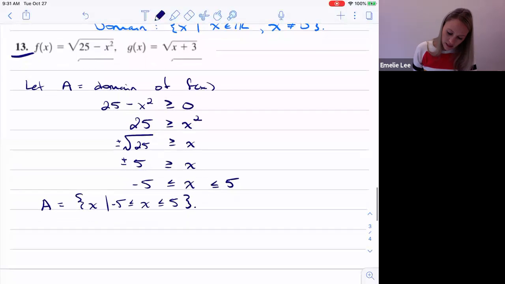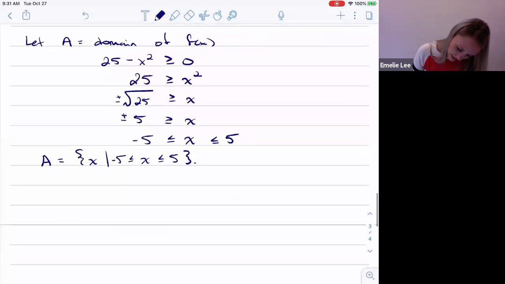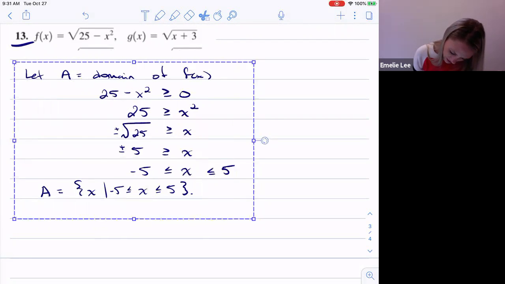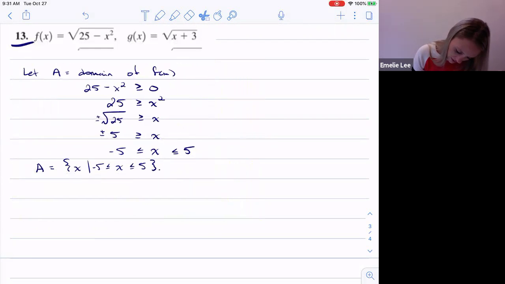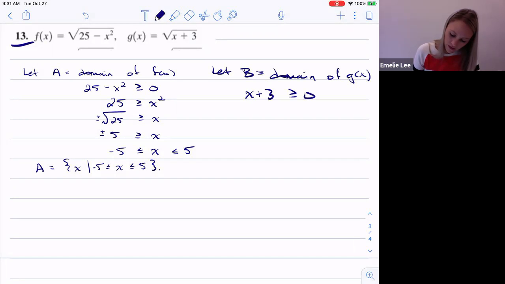So let's see here. Let's find the domain of this thing. Again, x plus 3 has to be greater than or equal to 0. And so if we let B be the domain of g of x, then we're saying x plus 3 has to be greater than or equal to 0.